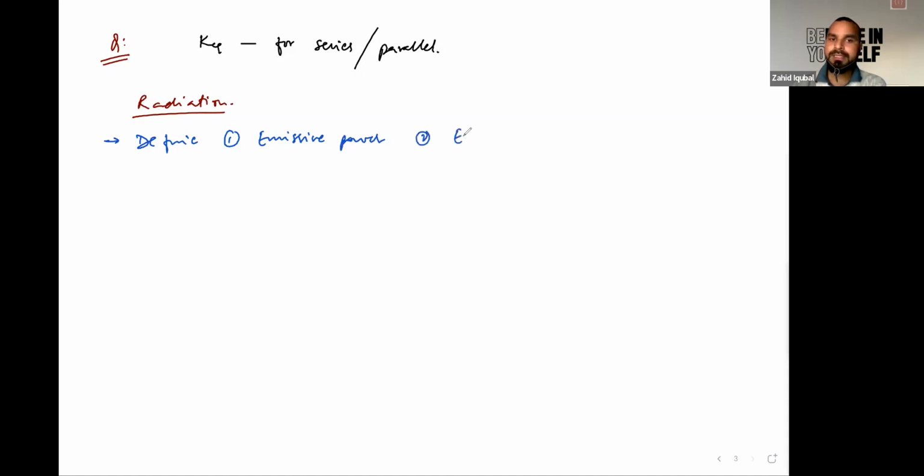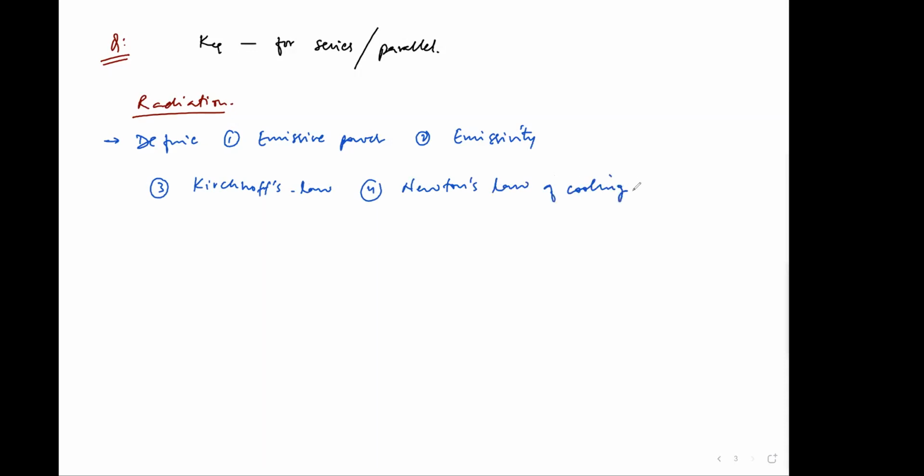What do you mean by emissivity? Define Kirchhoff's law of radiation. And Newton's law of cooling. So for me, this Newton's law of cooling is deleted.